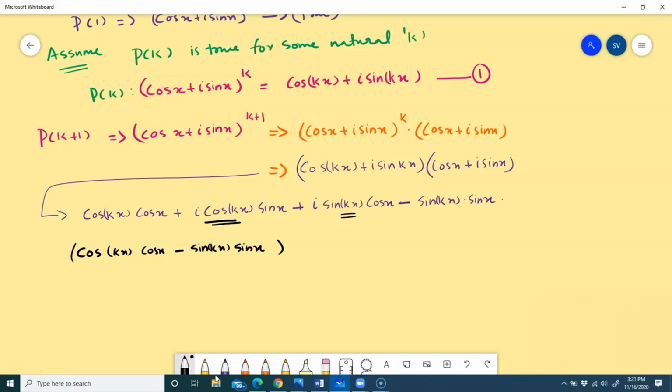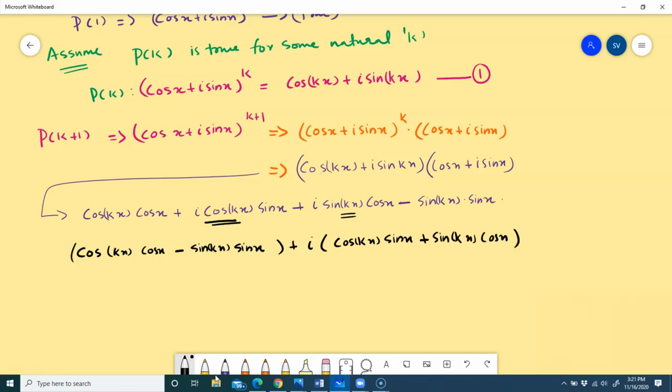That's the first term, plus i is common, so i into cos kx sin x plus sin kx cos x.